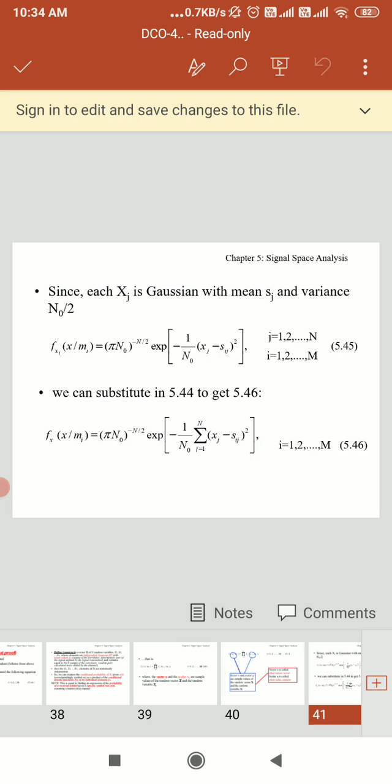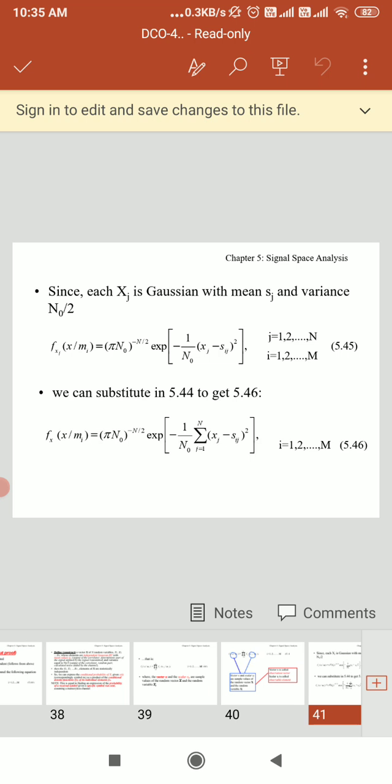Here each xj is Gaussian with mean sij and variance N0 upon 2. So you will get f_Xj(xj|mi) equal to (pi N0) raised to minus 1 by 2, e to the power minus 1 by N0 (xj minus sij) square, where i equal to 1 to m and j equal to 1 to n.